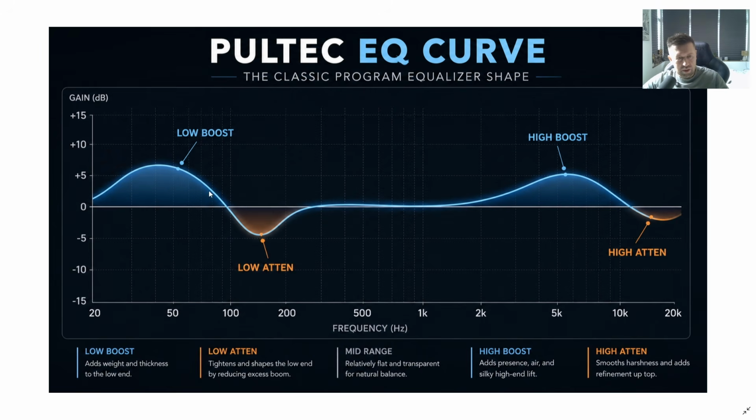Here we have a boost, and here there is attenuation, and this attenuation makes the boost smoother. That's why if you want, for example, to boost your kick drum, you can use this Pultec EQ and do a boost and then a small attenuation. The same thing you can see on the high boost and high attenuation.